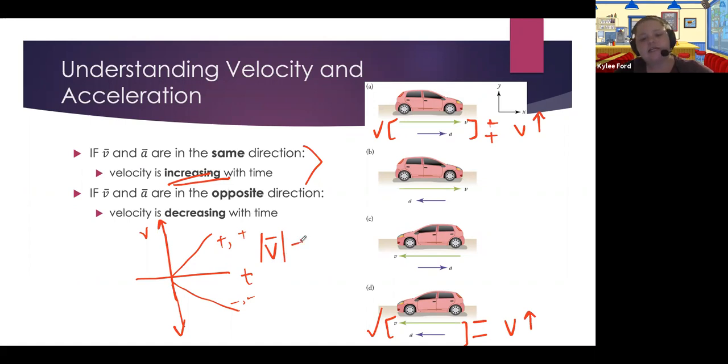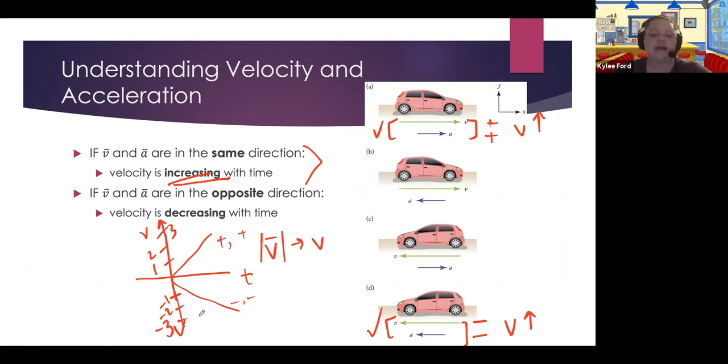Basically that's saying the speed, so my speed is increasing. It may be going in a different direction, but it's still the speed that's increasing, because when you're reading a graph, remember that this is the same exact thing, but in the opposite direction.